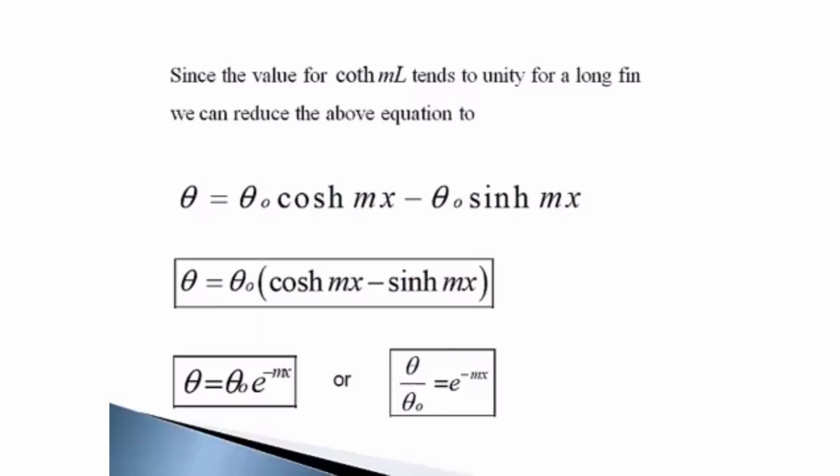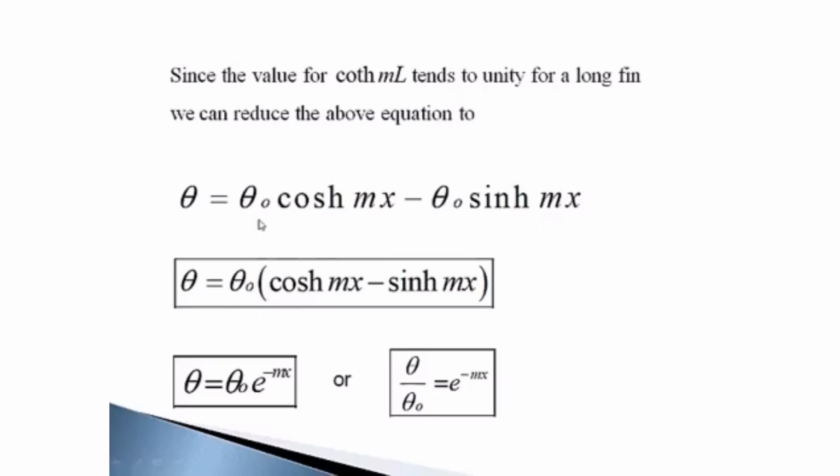So coth mL is more or less 1 for a long fin. So you can avoid this coth mL, and write theta 0 cosh mx minus theta 0 sinh mx. I remove the coth mL because for a long fin, generally coth mL is 1, or it tends to 1.